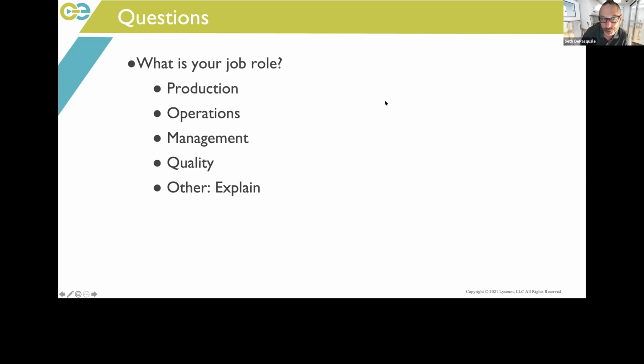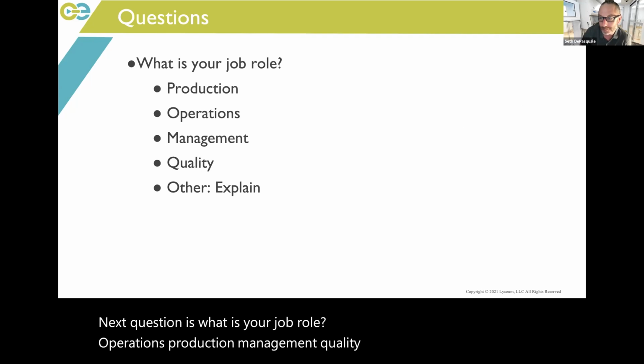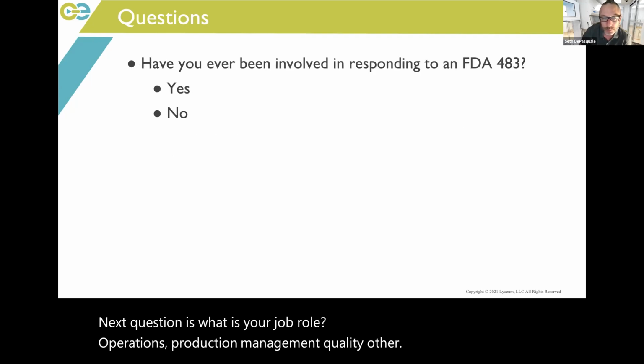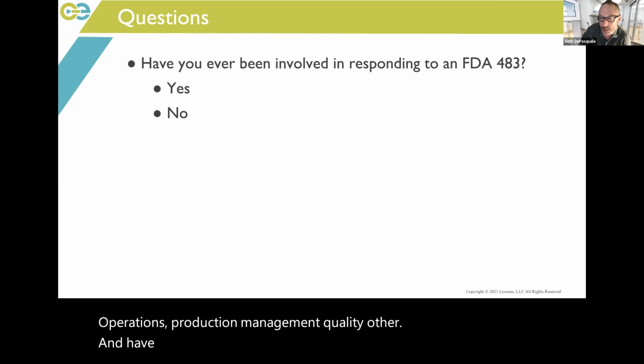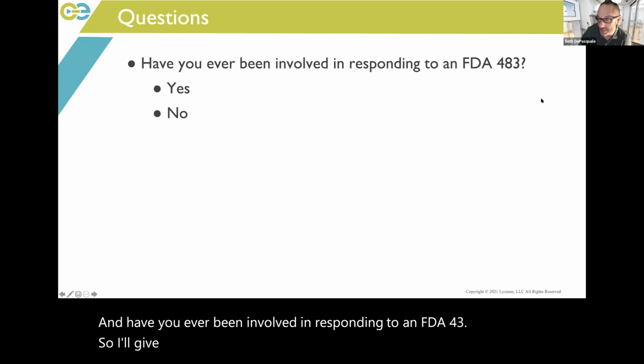Next question is, what is your job role? Operations, production, management, quality, other. And have you ever been involved in responding to an FDA 483?